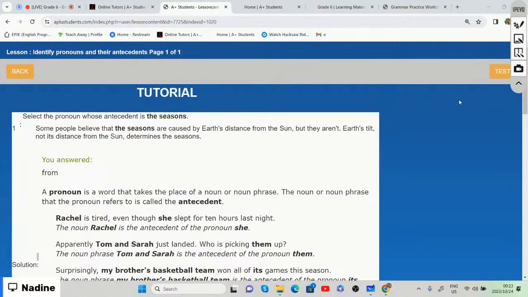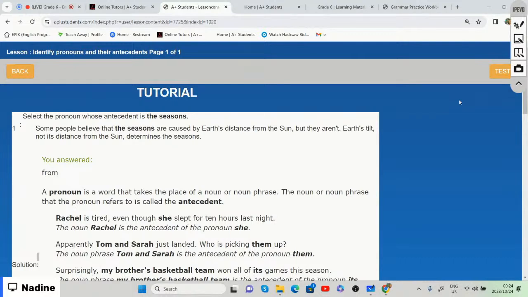And remember, the antecedent is like saying the specific actual name, like the actual noun, I'm sorry, the proper noun. And the pronoun of that noun can be his, hers, they, them, she, it, its.